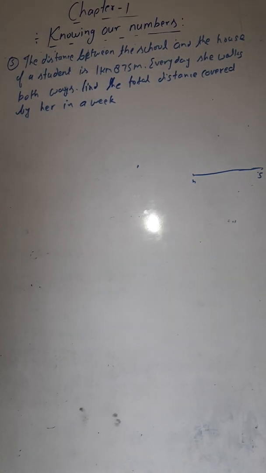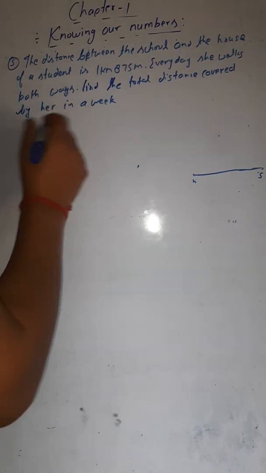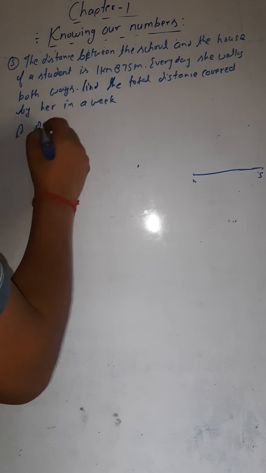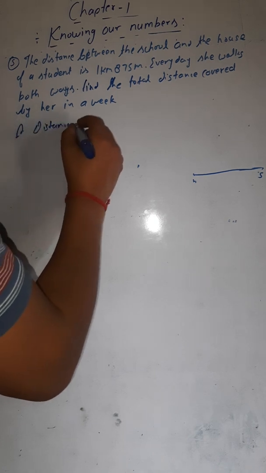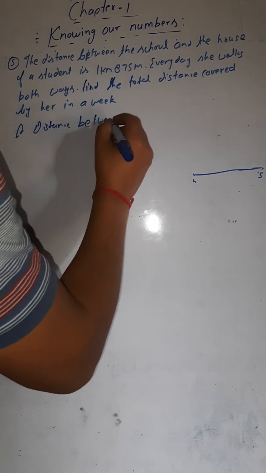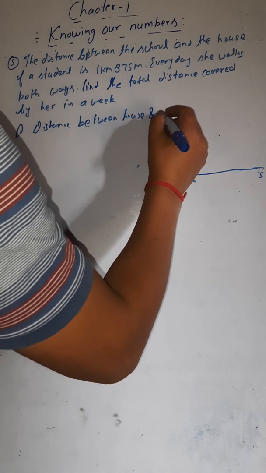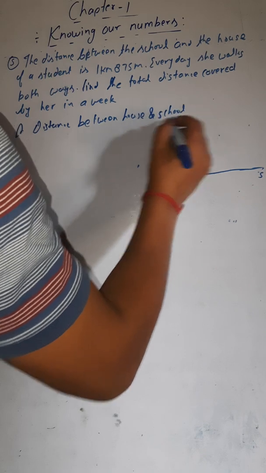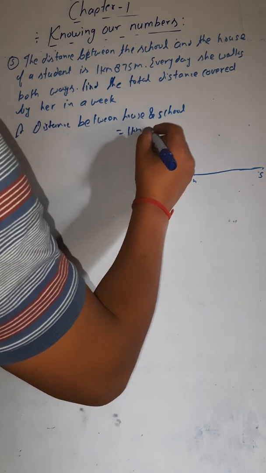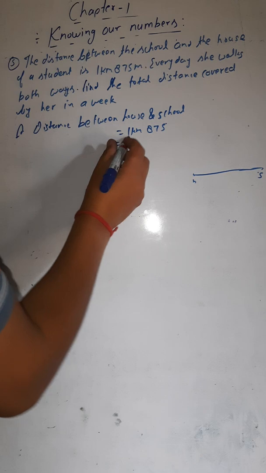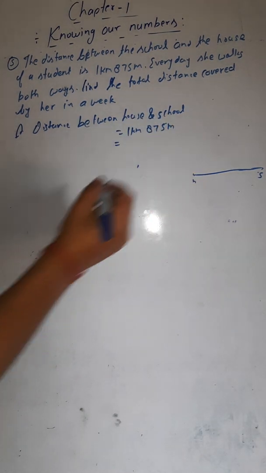First you will write the total distance traveled in one day. The distance between house and school is how much? 1 kilometer 875 meter. 1 kilometer means 1000 meter.